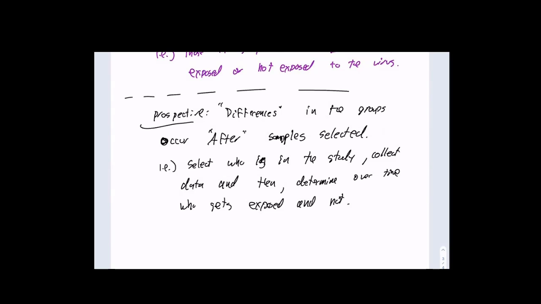But the idea here is that the two different groups that you're comparing, the difference between them has already occurred. If you manipulate it, that's an experiment. If it has already happened, that is a retrospective. If it hasn't yet happened, then that is a prospective.